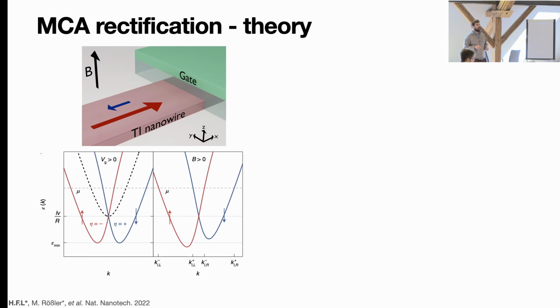Then I shift my bands relative to each other, and this is where the magnetochiral word comes from. I have a difference in the band structure. So I've kind of taught my band structure that inversion symmetry was broken. Because of Kramers' theorem at zero magnetic field, although I had broken inversion symmetry, my band structure didn't know, so I needed to apply this magnetic field.